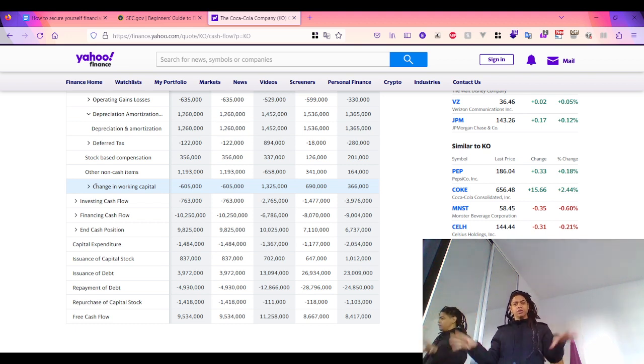It's from the outside world. It's not from its operations. That makes a lot of sense. So you can think of that as if you have a parent that is constantly giving you money.